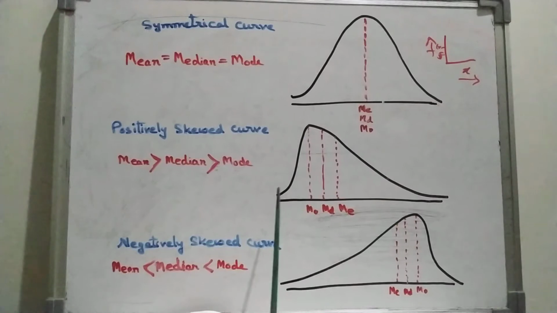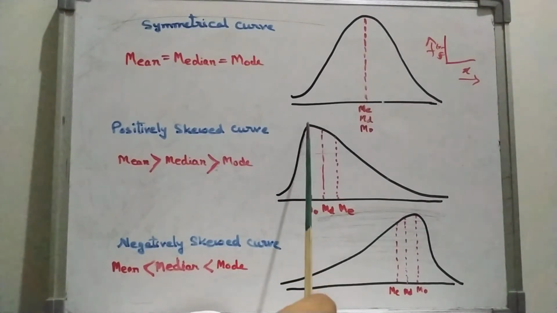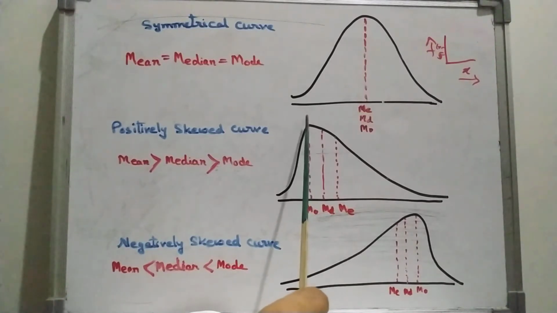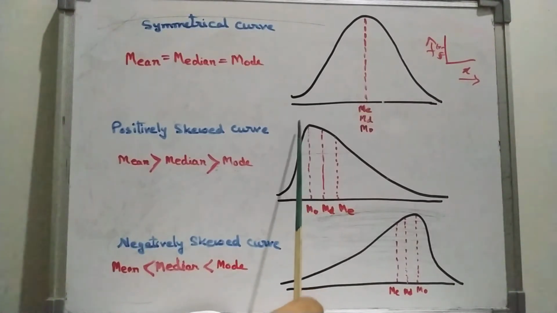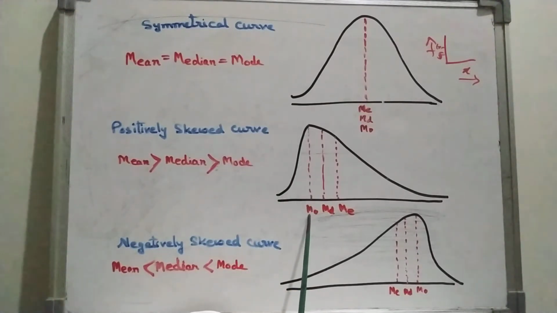Okay, but now in the second figure, the concentration of the observations is more here in this position because frequency is more here. So this is the peak position, that means the highest frequency is here, so this is your mode value, and we get median thereafter. Okay, that means median is greater than mode because this side is the increasing side. As we know, when we move on the right hand side on x-axis, it is increasing.